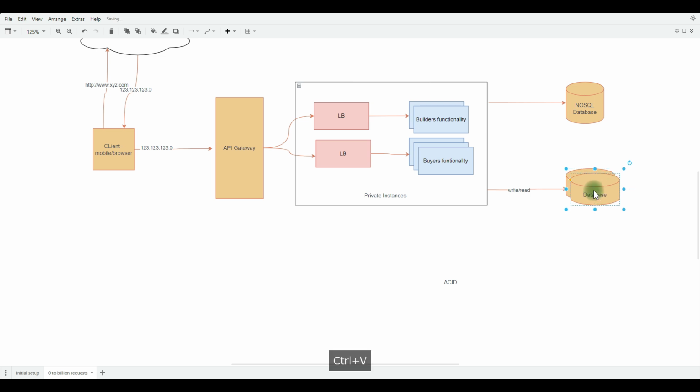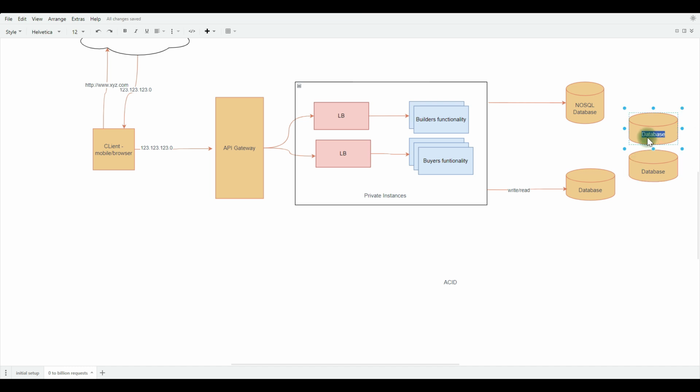So I can have this, that is what we call the replica, right? So this one I will say as read DB, and this one I will call write DB.